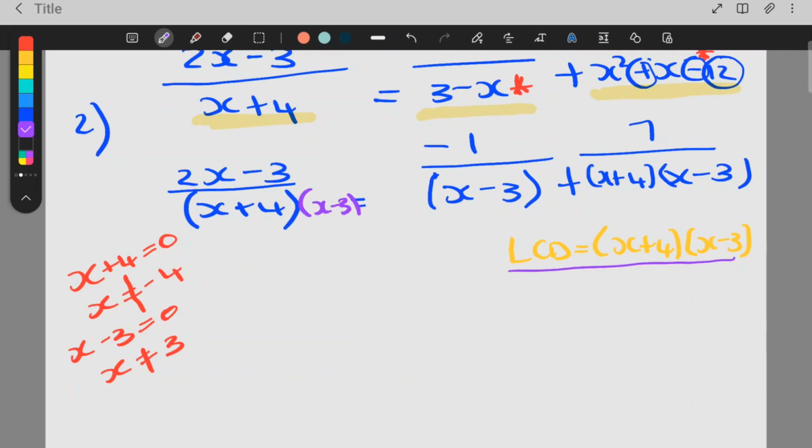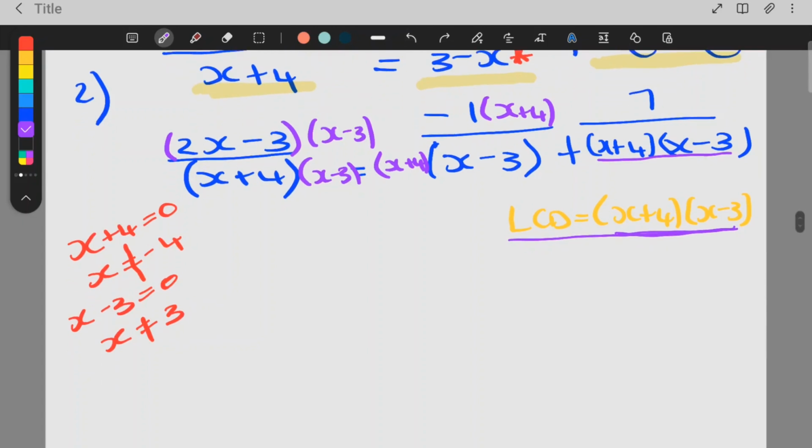But what I do at the bottom, I must do on top. For the next fraction, there's an x minus 3. So this one I have to multiply by x plus 4. But what I do at the bottom, I must do on top. This fraction over here looks exactly like this. There's nothing I'm going to do to 7.